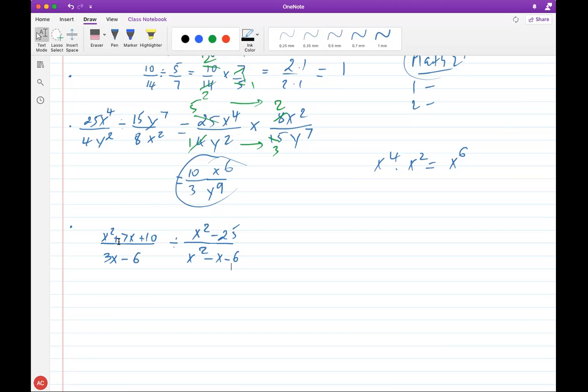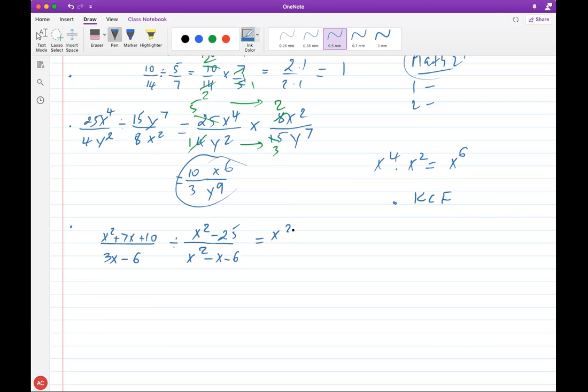All right. Okay, so we have a lot going on here. Looks like a complex operation, but it's not. Again, break it down into a couple of steps. What is the first one? Keep. That's right. Keep, change, flip. Whenever you have a division, the first thing you want to do is turn it into a multiplication first. Don't change anything yet. Only do this: keep, change, flip.